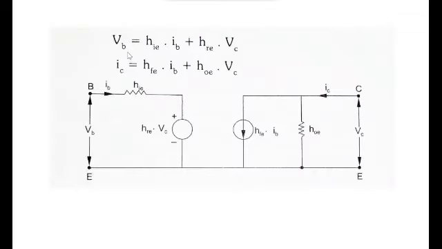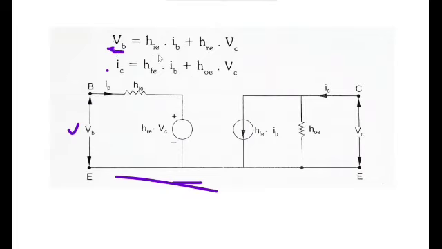This is the common emitter configuration. In this, the emitter is made common. In this circuit we again have two equations, and in each equation we have two terms. If we see V1, here it is given as VB, because V1 is the input voltage, and in the common emitter configuration V1 is VB, so we have written VB in place of V1.